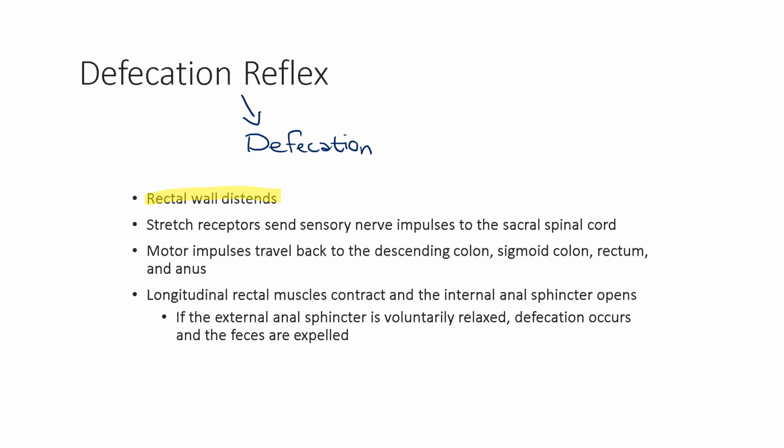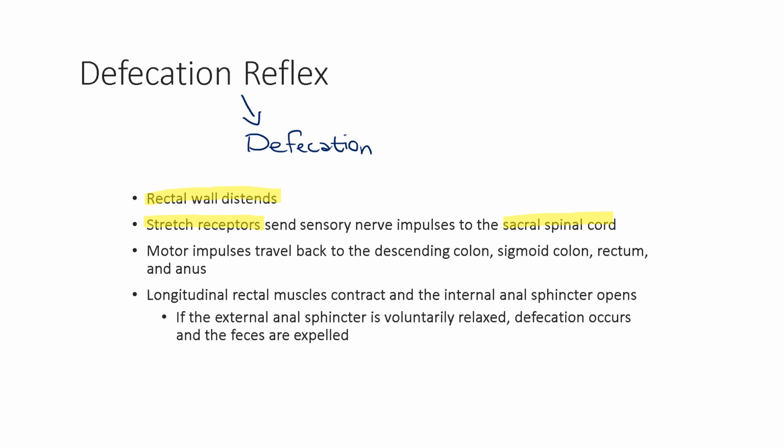This is going to be the elimination of feces from the rectum through the anus. So, in response to the distension of the rectal wall, the stretch receptors are going to send their sensory nerve impulses to the sacral spinal cord.